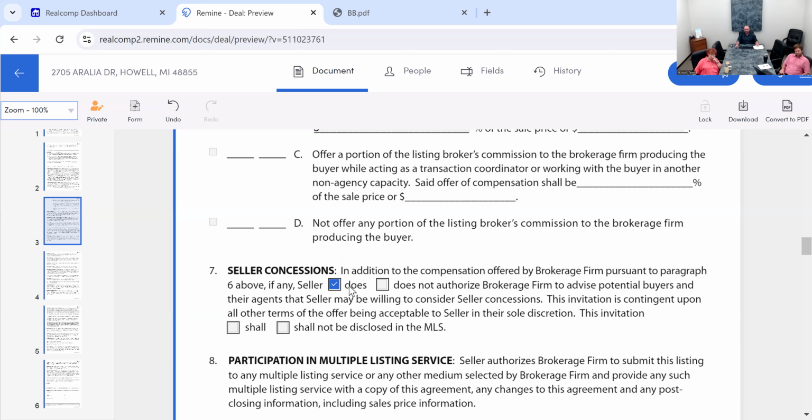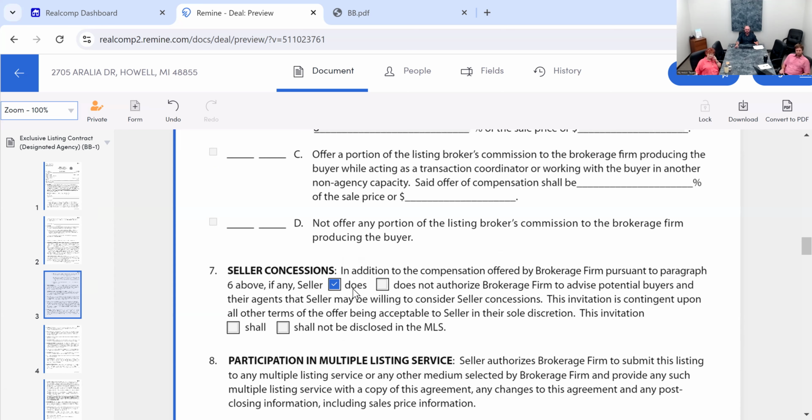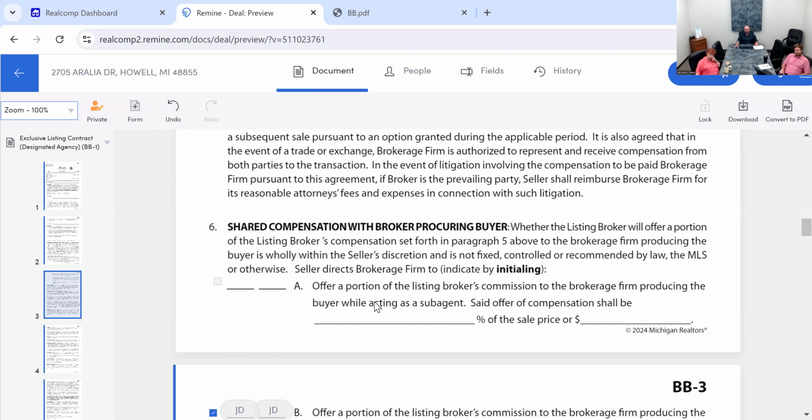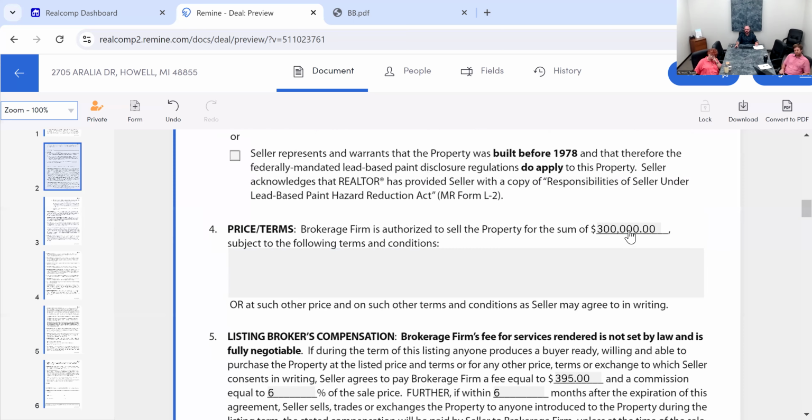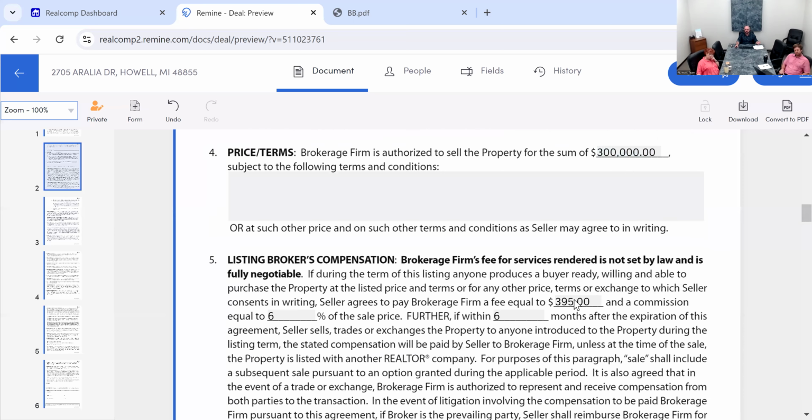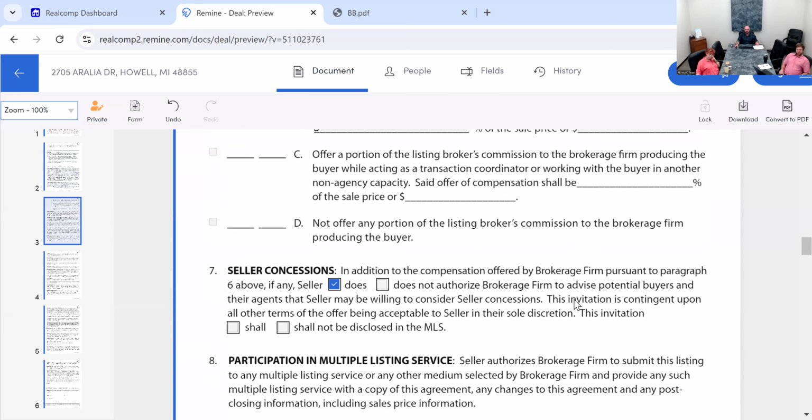In theory, it'd be silly for you to ever check no, because if somebody's willing to give you 310,000 for this house with 10,000 seller concessions, why would they want to say up front that's not an offer they're willing to even consider?